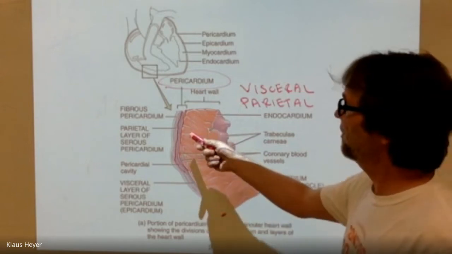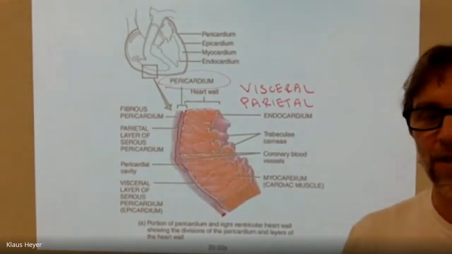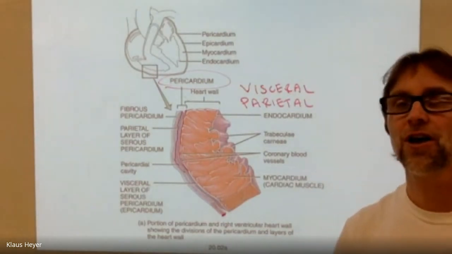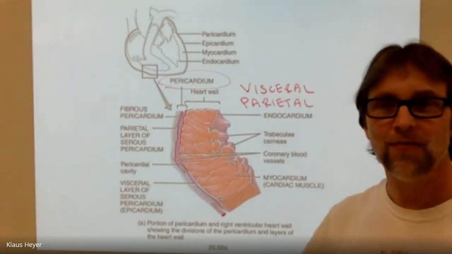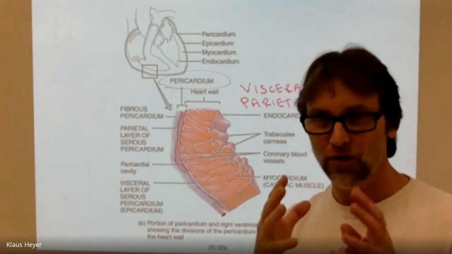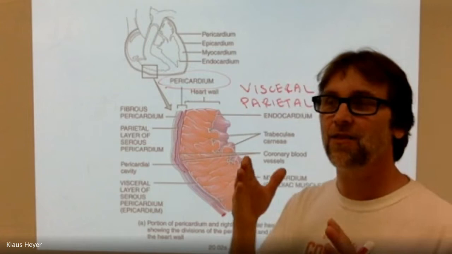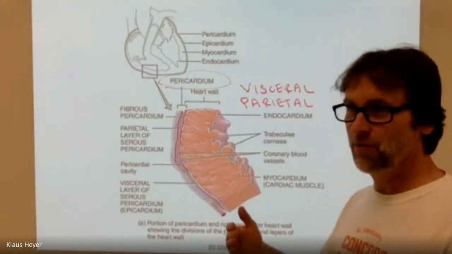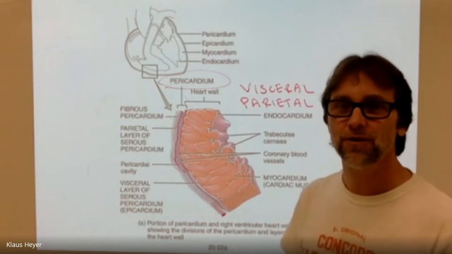And one of those layers is further away from the heart, that's the parietal layer. It's like if we're talking about New Orleans, you have the East Bank and the West Bank. The East Bank is going to be the visceral layer because that's the closest to the city. And then the West Bank of the Mississippi is going to be the parietal layer, right? And then the Mississippi River is the pericardial fluid.